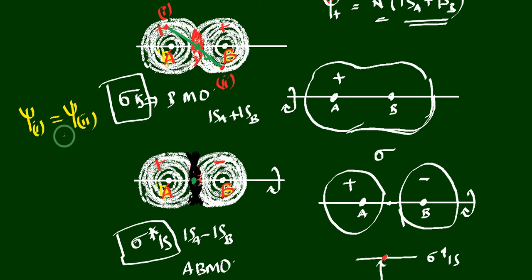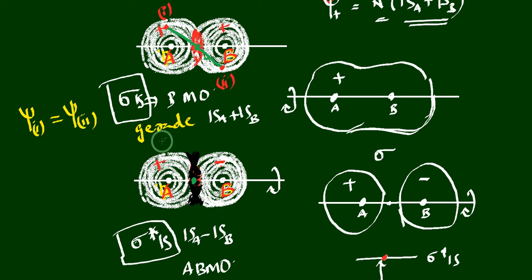When we are performing the inversion operation, since the wave function has the same value at both points, we can call this as gerade.